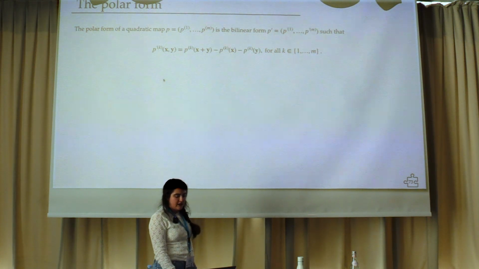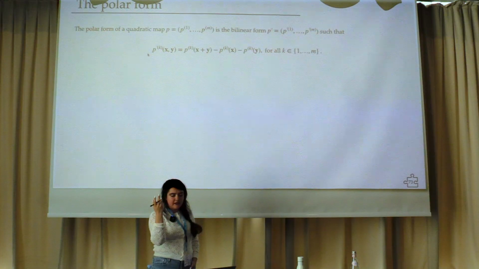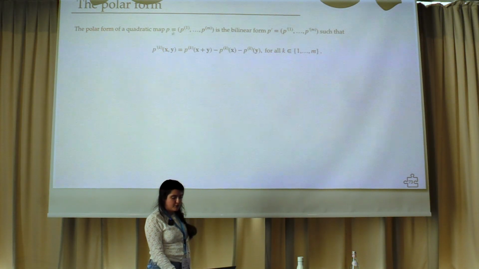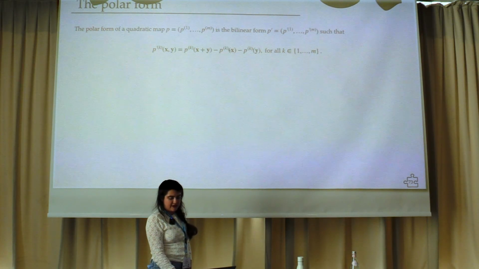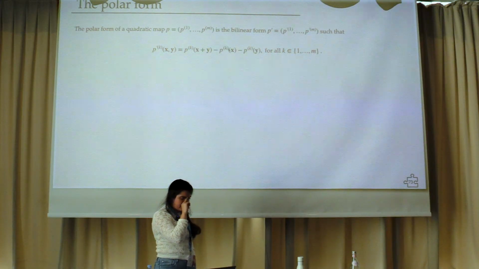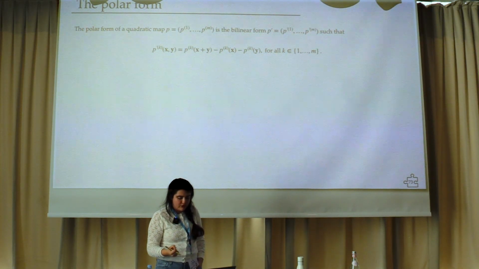So if you evaluate the polar form in two inputs x and y, it is the same thing as if you evaluated the corresponding quadratic map in x plus y, and then minus the quadratic map evaluated in x, minus the quadratic map evaluated in y. Okay, so that is just the description of the polar form.